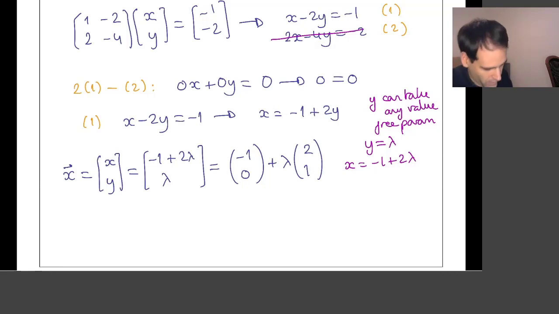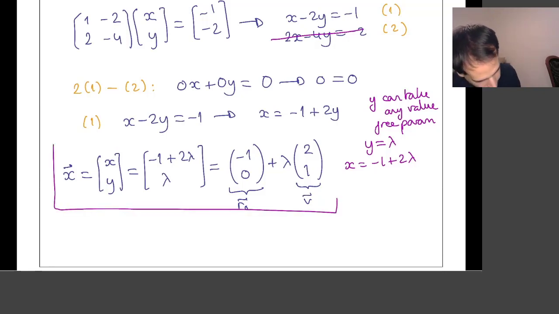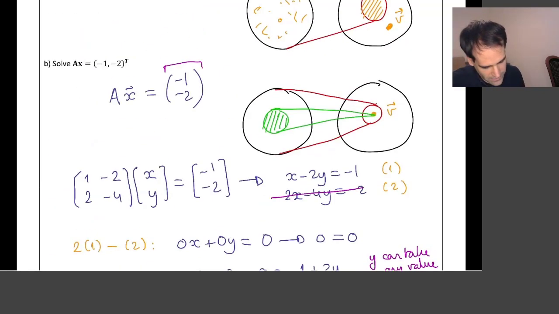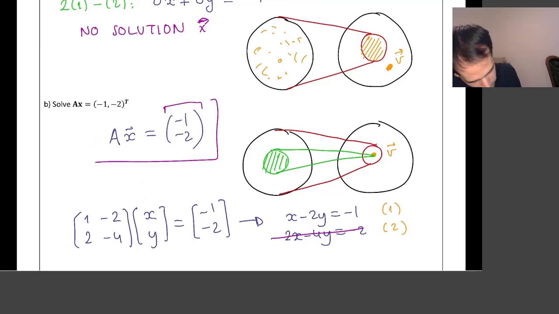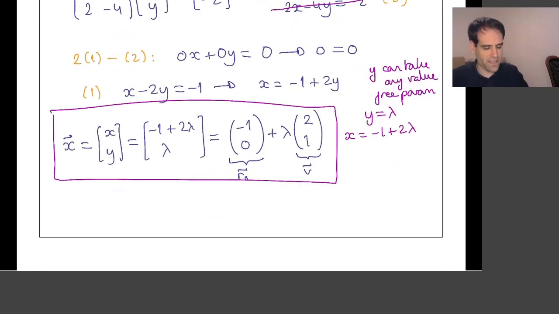And this is the parametric equation of a line, where this is r0 and this is the vector v. So this is how we give the general solution for x. I asked you to solve this problem, and the solution is not a single vector, but instead an entire infinite line of vectors.